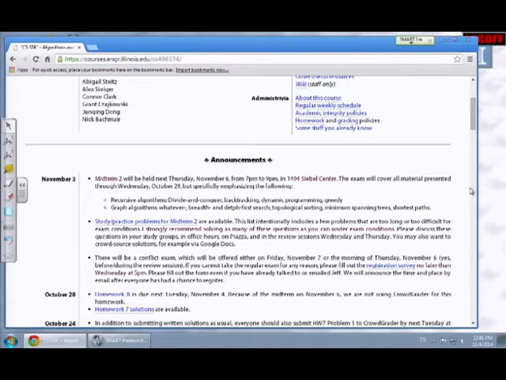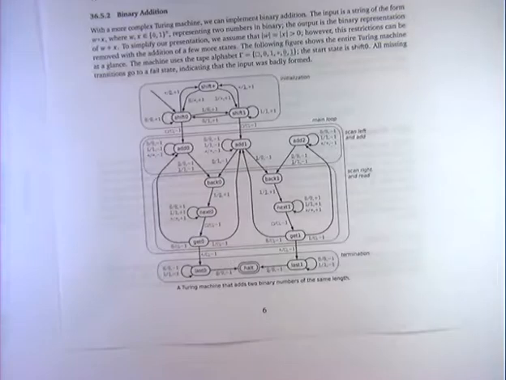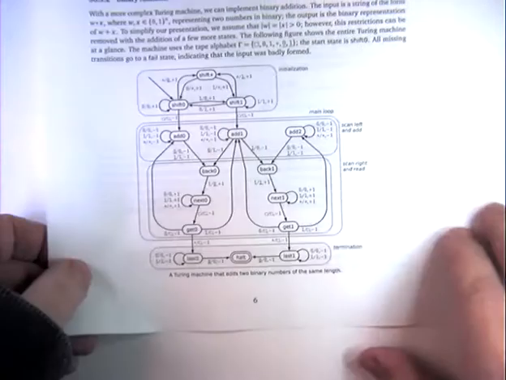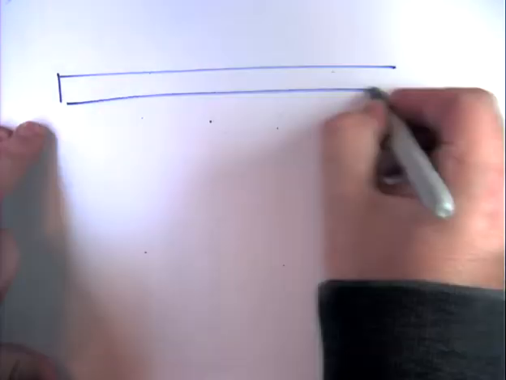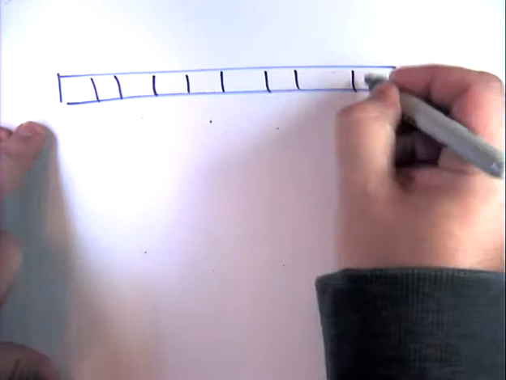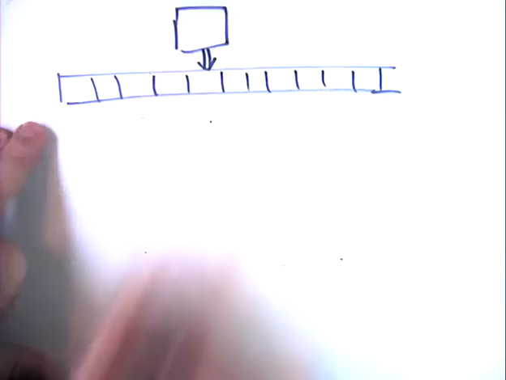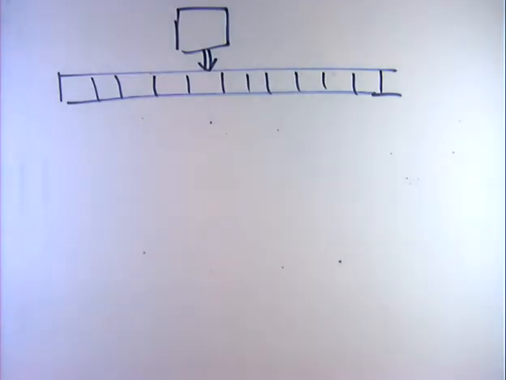So, on Thursday last week, we started talking about Turing machines as a sort of elementary model of computation. The basic idea behind the Turing machine is that you have memory in the form of a tape, and attached to that tape at a particular position, you have a machine that can be in a finite number of states.